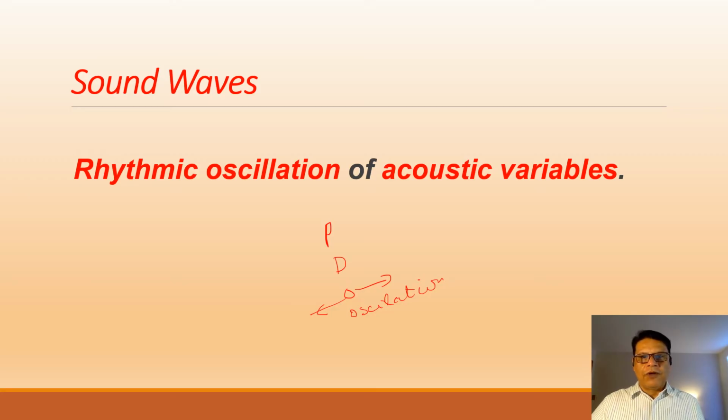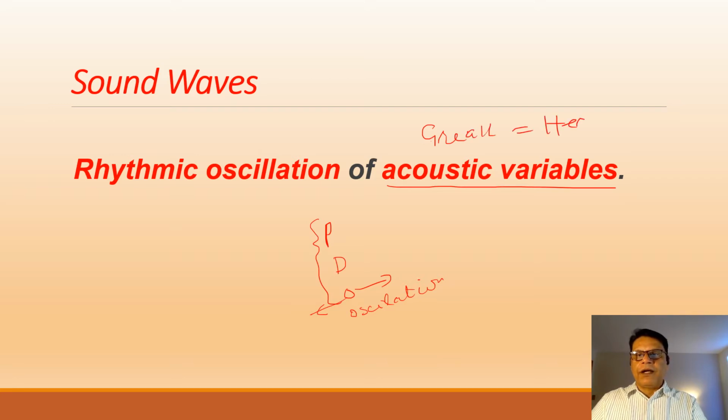In ultrasound waves, these three parameters rhythmically change. That is why these are called sound waves. And these acoustic variables, I already told you that acoustic is derived from a Greek word that means hearing, and variable means that changes.